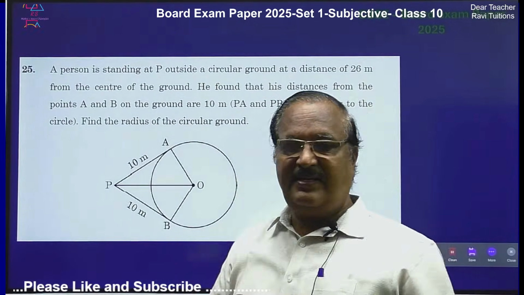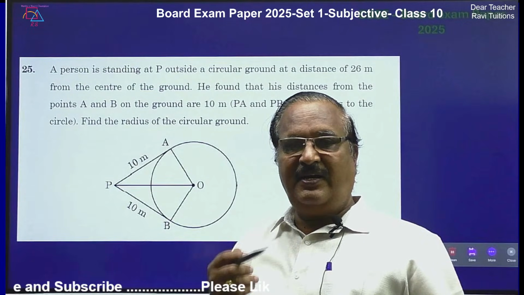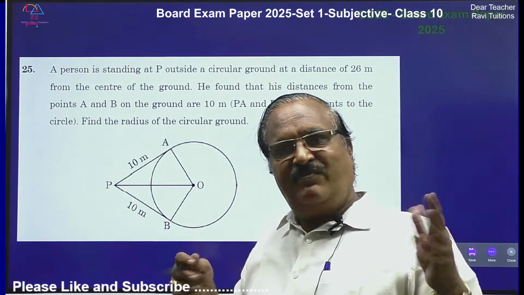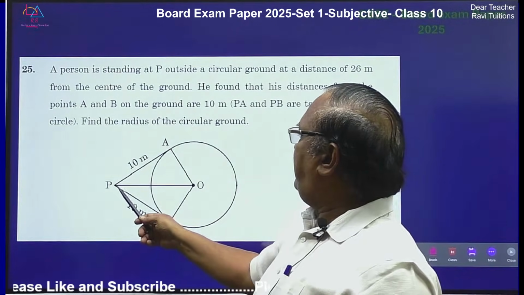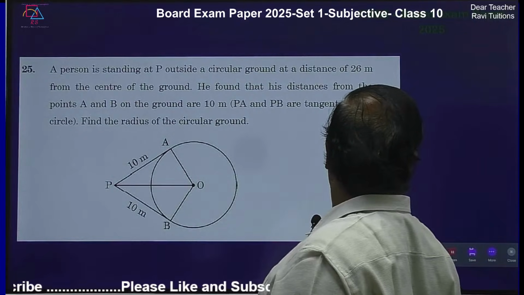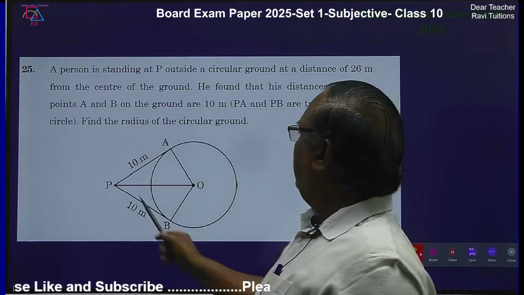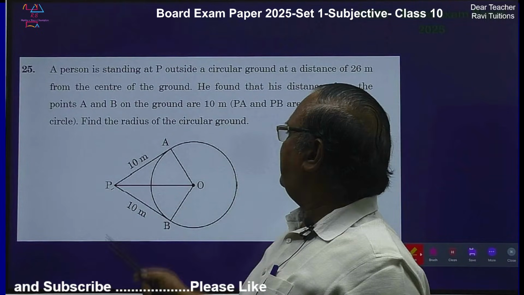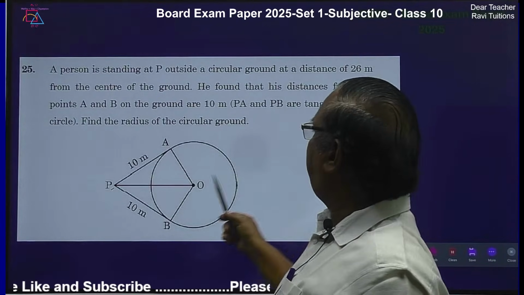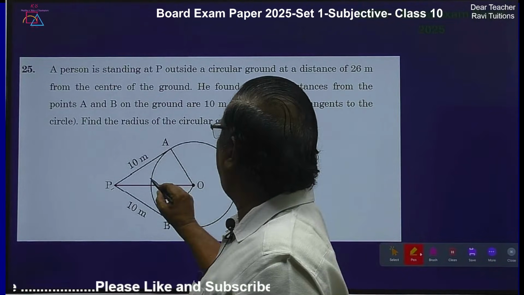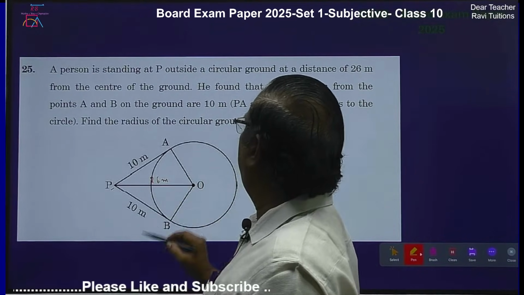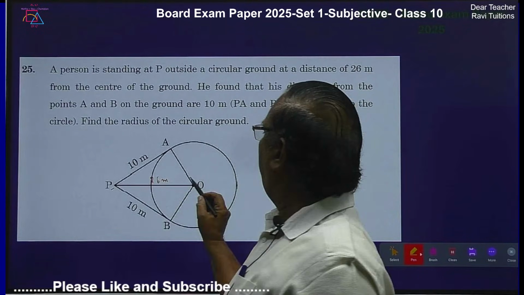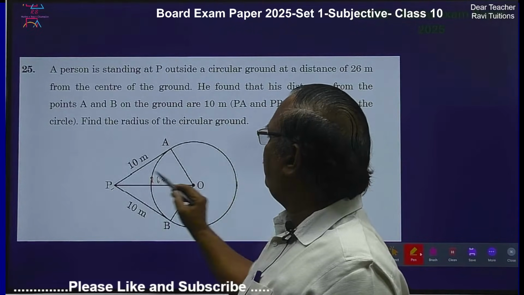Diagram is also given. If a diagram is given, then your 50% work is over, right? A person is standing at P. Here, this is the person. Circular ground at a distance 26. So this entire distance is 26 meters from O, from the center of the ground, to this person.